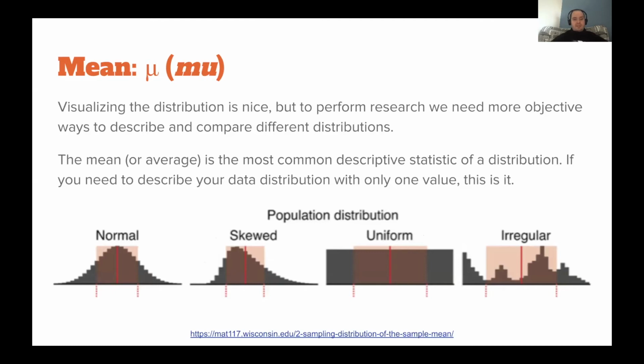And these are a few different distributions and where their mean lies. It's very interesting to see how the mean can be very representative or very informative for some distributions, but not for others. For example, this is what we call a normal distribution.